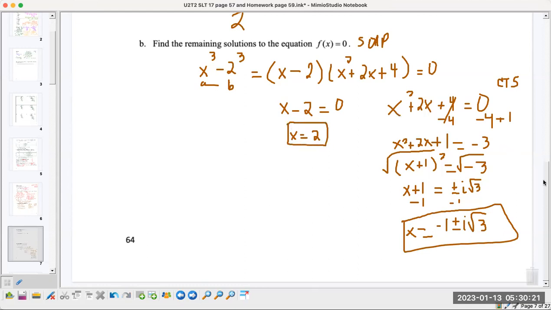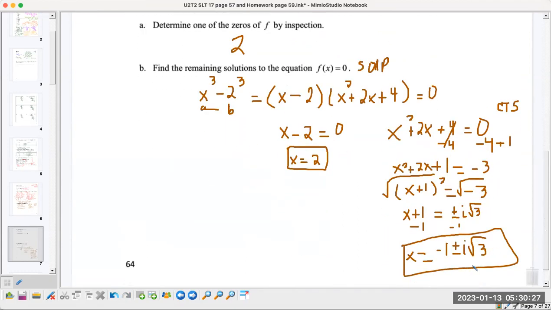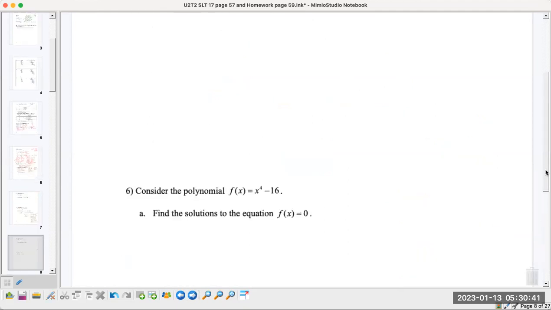Okay, again, I started with x cubed. I should have 3 solutions. I have 2 imaginary solutions and 1 real solution. And on your test for next week, please make sure that you are boxing in your answers. Okay, let's see.